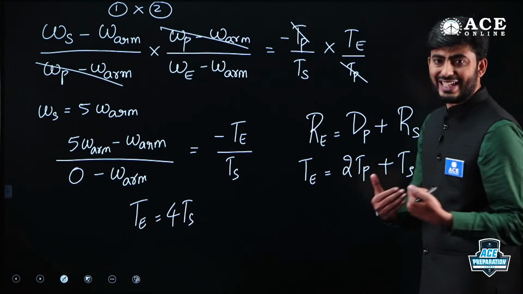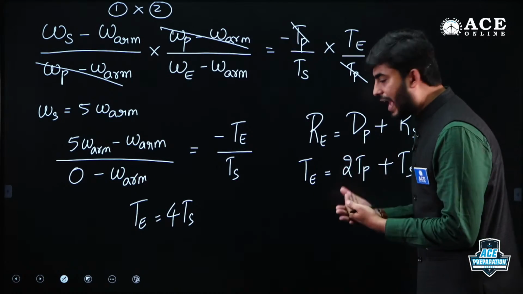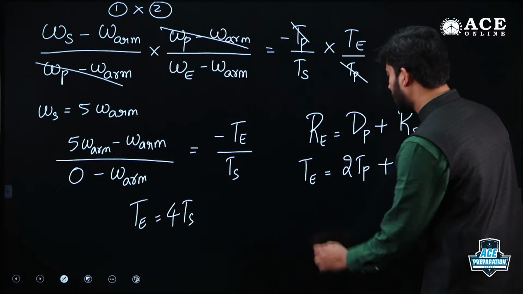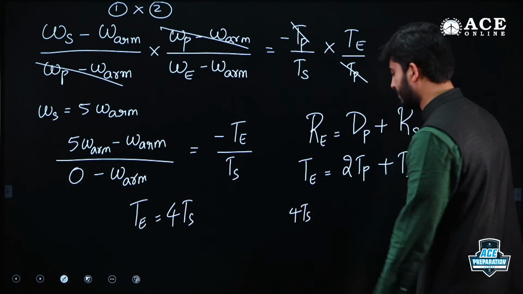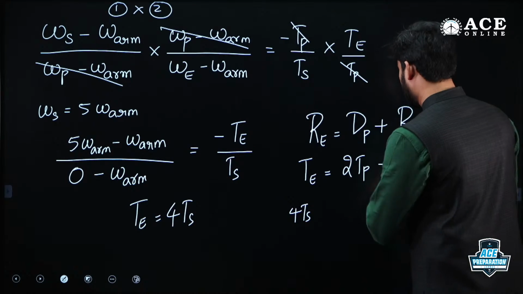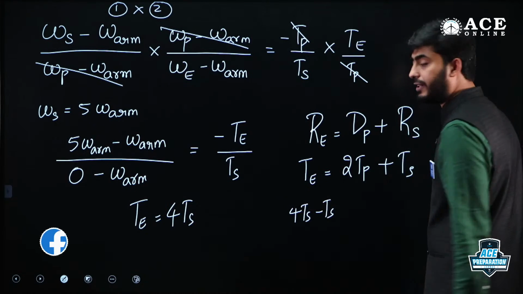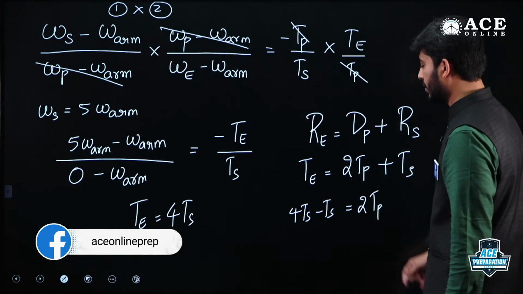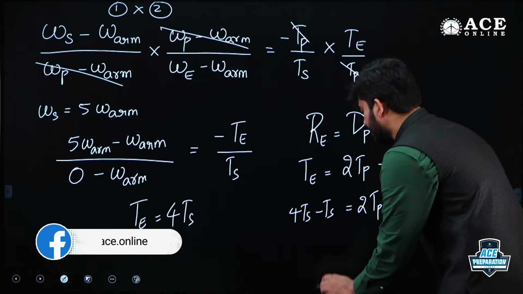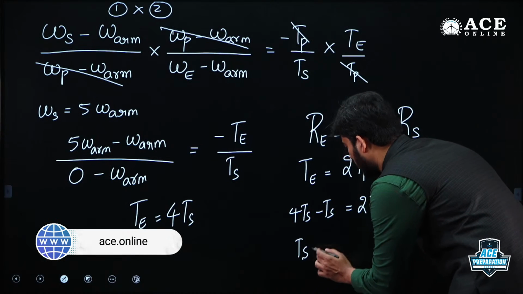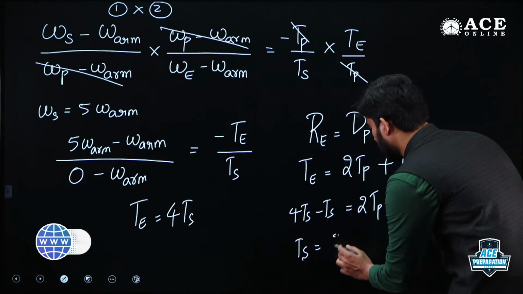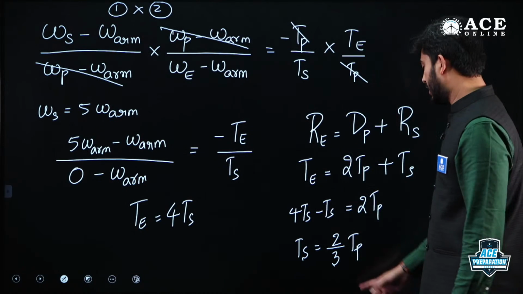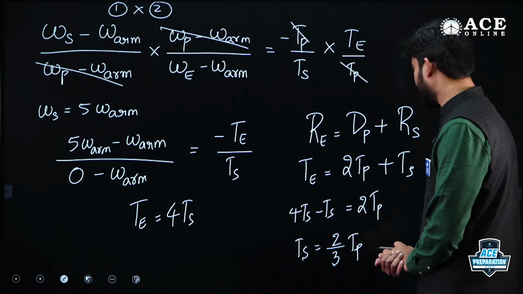I don't know whether to assign this 18 to the planet or to the sun. So let me write Te is equal to 4 times Ts, and the Ts will be shifted to this side, and this is equal to 2 Tp. So Ts is equal to 2 by 3 times Tp, guys.